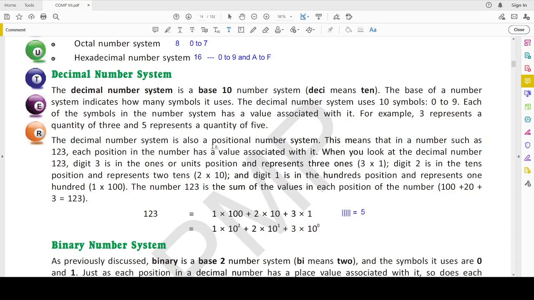The decimal number system is also a positional number system, which means that in a number such as 123, each position in the number has a value associated with it. What is the value associated with it?